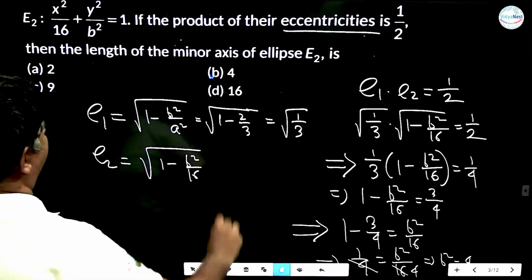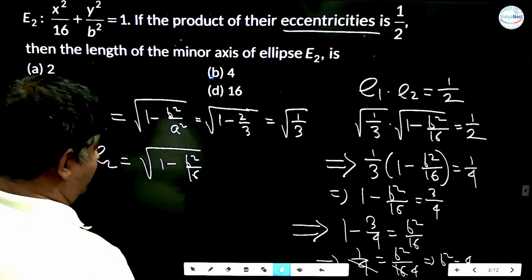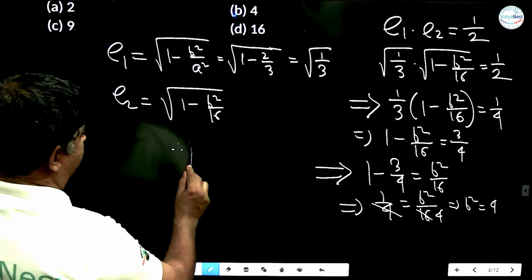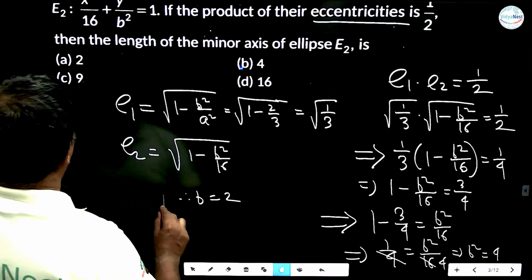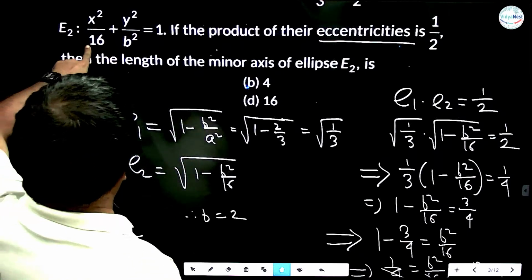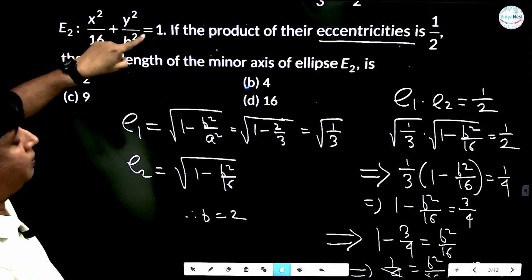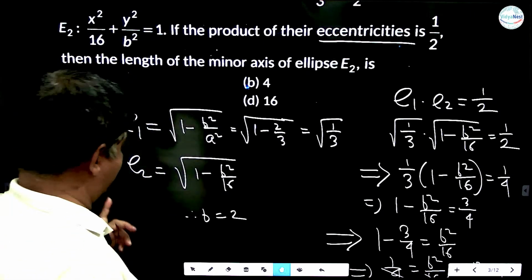Now length of minor axis. So once you get b square 4, therefore b is 2. Now once you get b square 4, obviously here also a square is greater than b square. So b will be the semi minor axis.